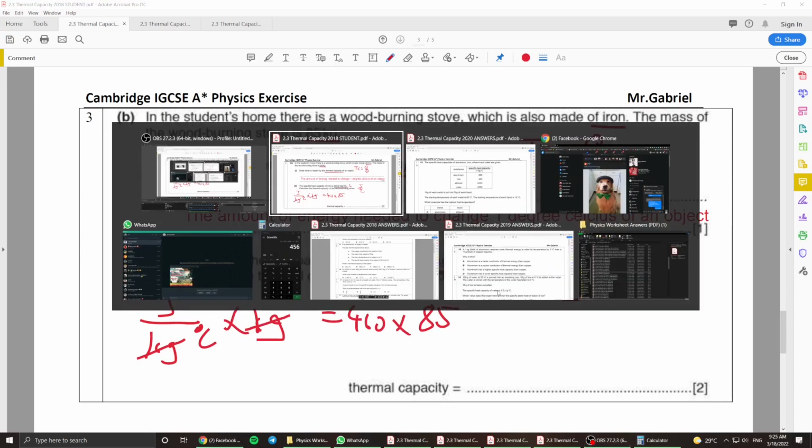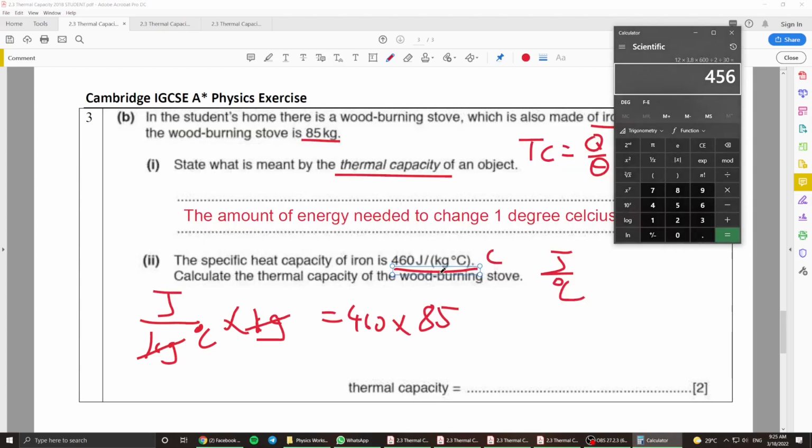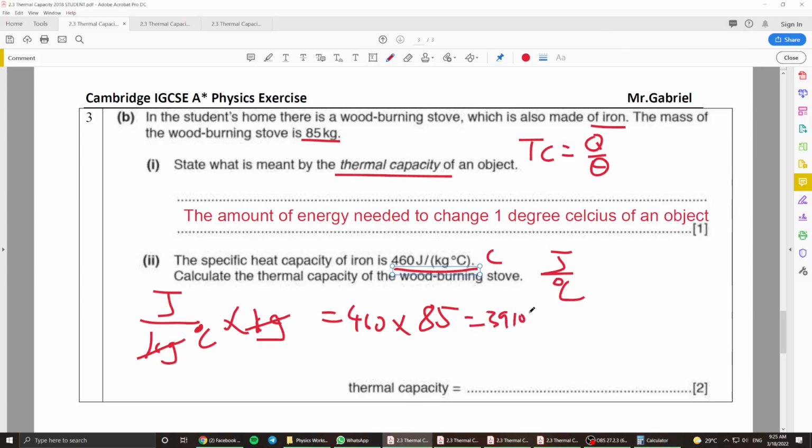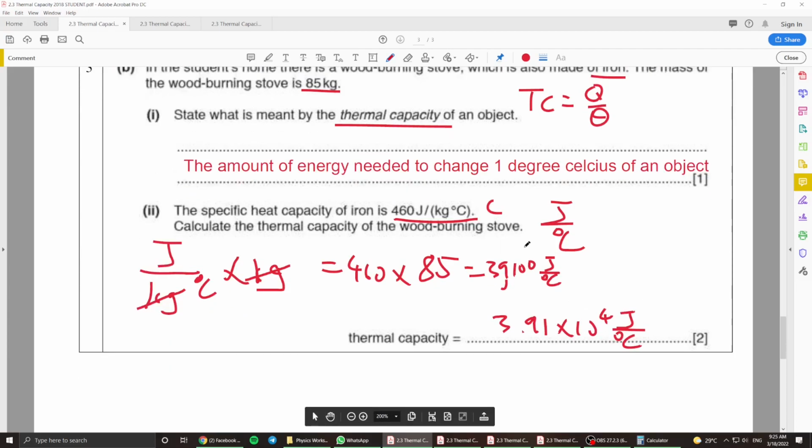Press that into the calculator and you're going to get 39,100 joules per degree Celsius, which is 3.91 times 10 to the power of 4 joules per degree Celsius. And this is how you're supposed to finish these kinds of questions.